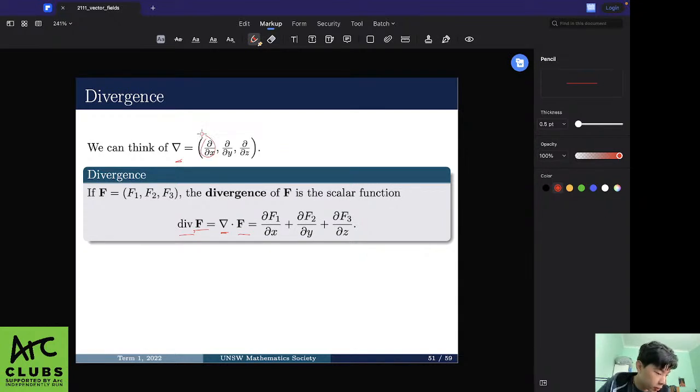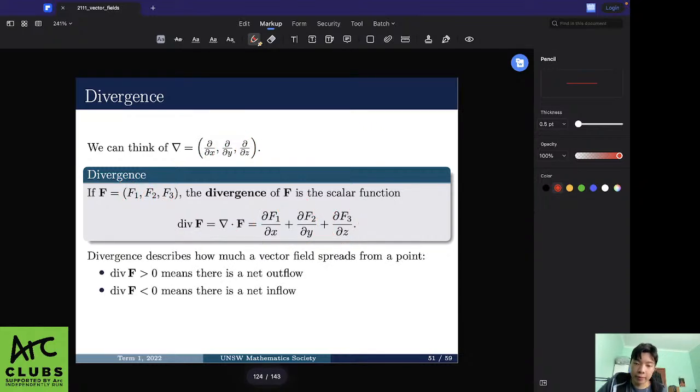It's taking the first components, multiplying them together, taking the second components, multiplying them together, taking the third components, multiplying them together, and then doing the addition, which is why we denote it as nabla dot F. Divergence describes the spread from a point of a vector field, and a positive divergence means that there's a net outflow, and a negative divergence means there's a net inflow.